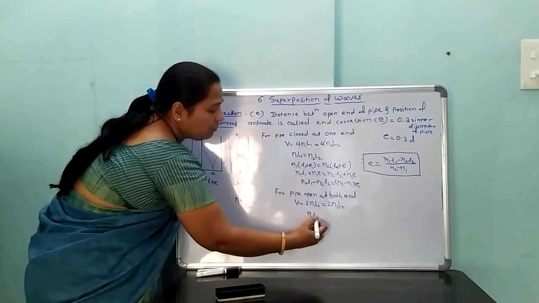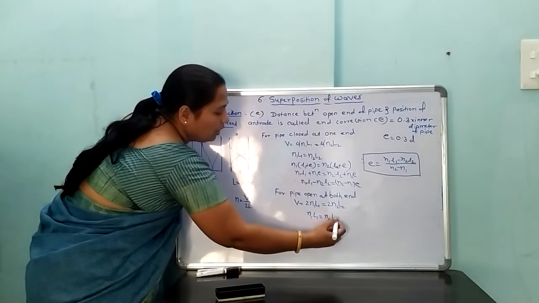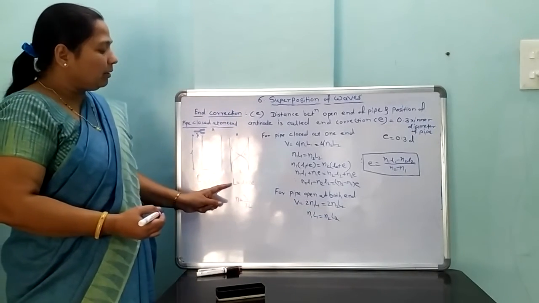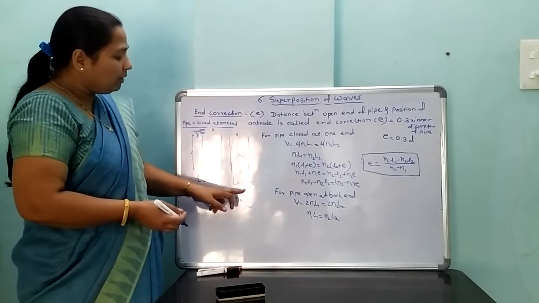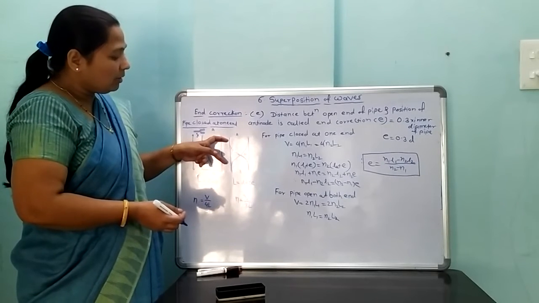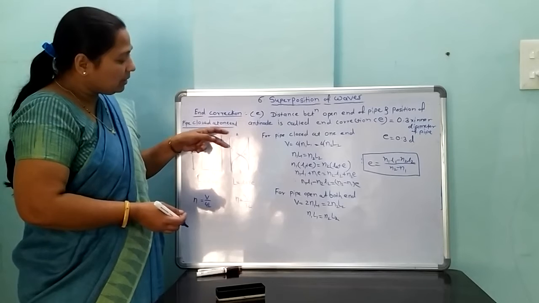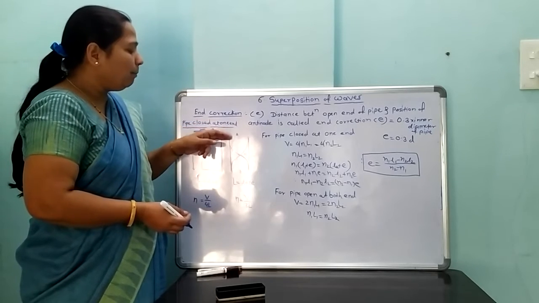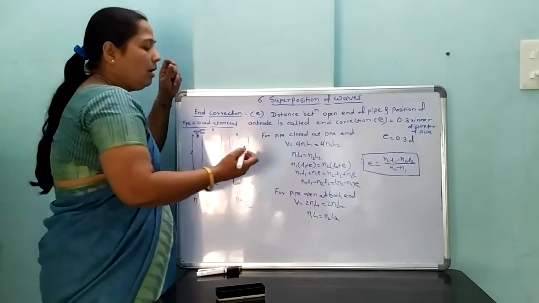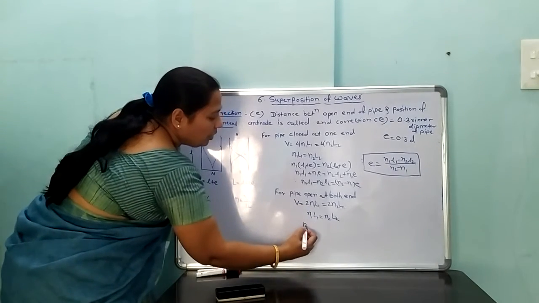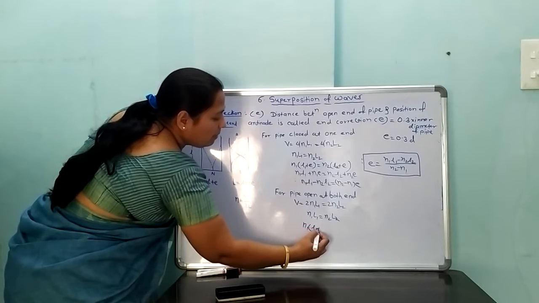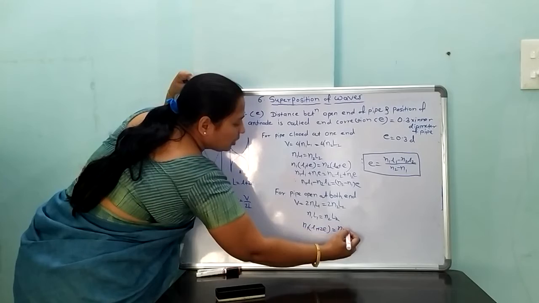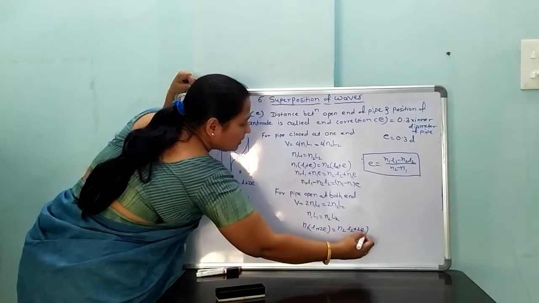Therefore, N1L1 is equal to N2L2. But the end correction factor should be added to the vibrating length two times, because the pipe is open at both ends. Therefore, N1 in bracket L1 plus twice E is equal to N2 in bracket L2 plus twice E.